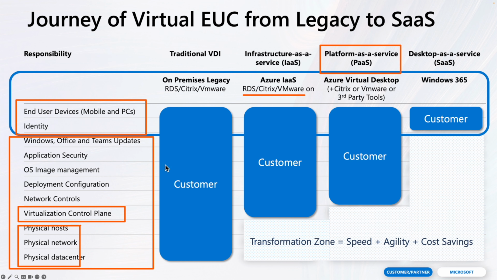Because of that, it gives you enough speed and agility to deploy these virtual instances at scale. All you have to do is purchase a few licenses and assign them to users. There you go. All the VDIs you need are ready for you the moment you assign these licenses.